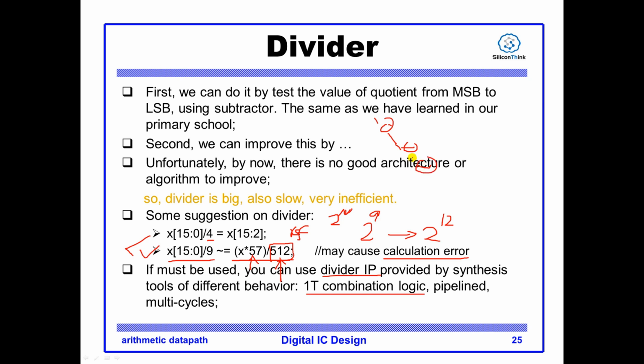Divisor, subtractor, cascaded together to give you the results without clock, doesn't use any clock cycle, just cell delay.